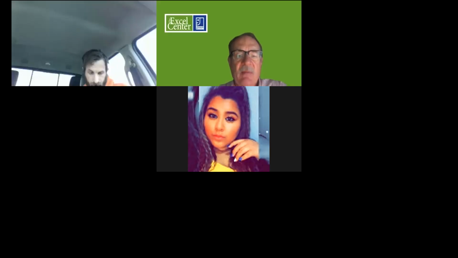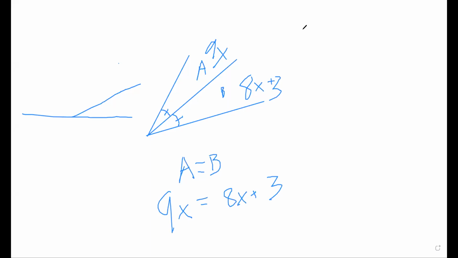Does anybody remember point slope form? Point slope is actually probably my least favorite form of equation. So I'm not going to spend any time on that, but with the information that they're giving us on these problems, we can use slope-intercept to solve and to find an equation.